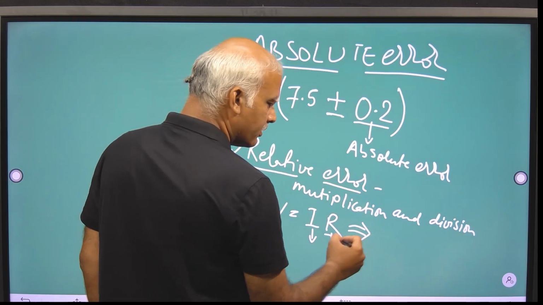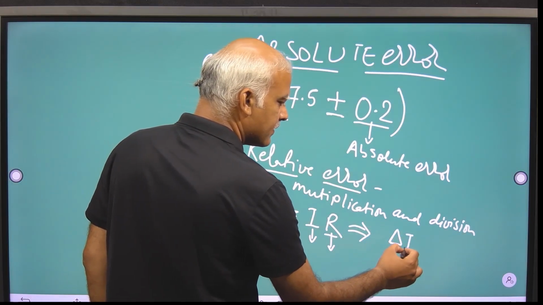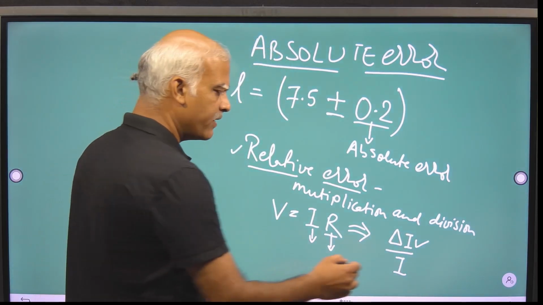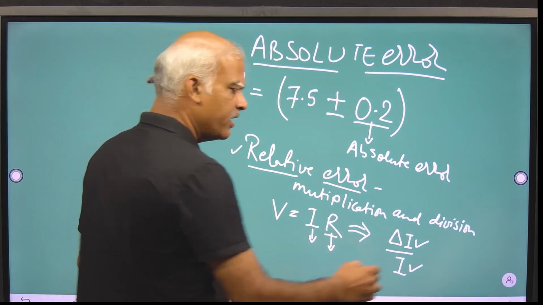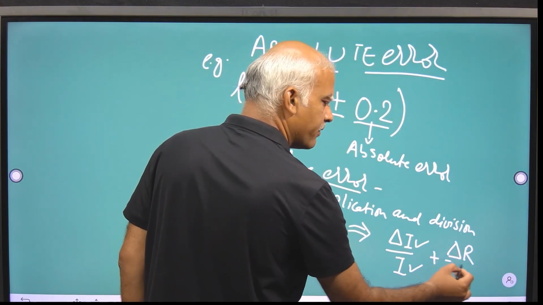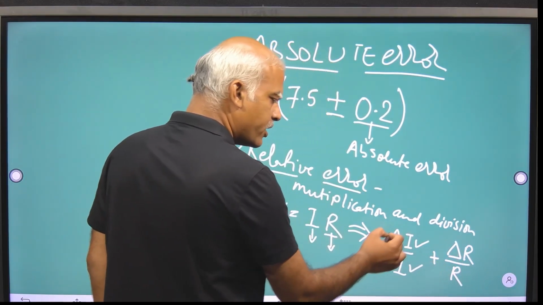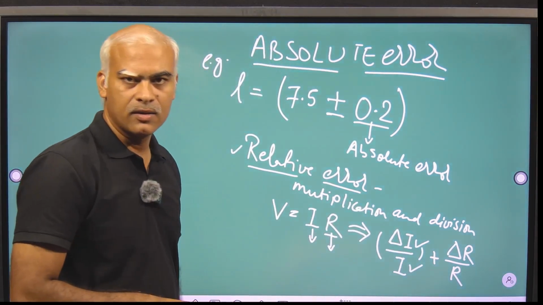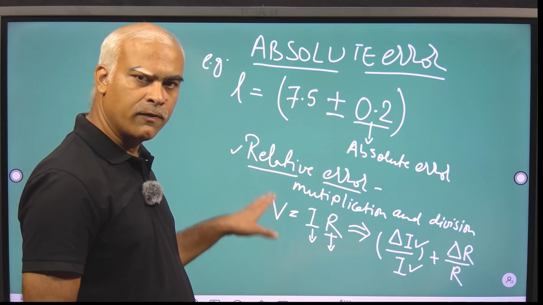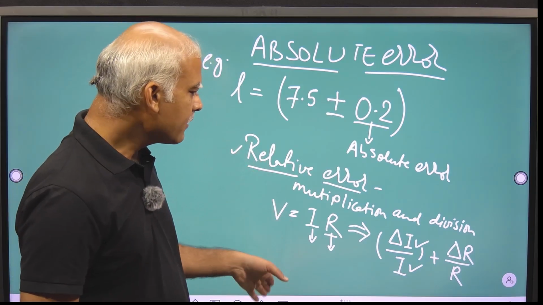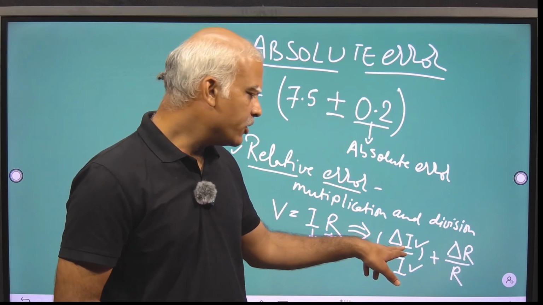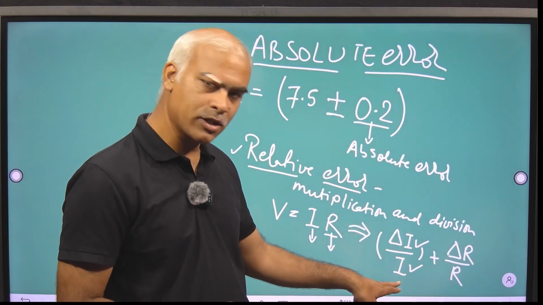The relative error is given in the form of the variation you are getting in the value of current divided by the actual value. Similarly, it is added with the variation in the value of resistance and the actual value. This ratio is called relative error. So if it is asked what is the relative error in the value of voltage, we will simply say that we must know the absolute error, or the variation in the value of electric current, divided by the actual value.